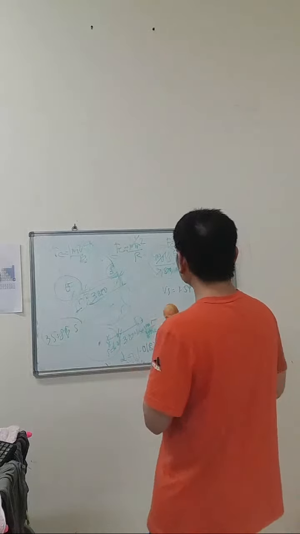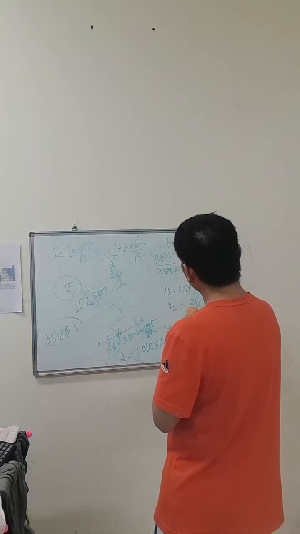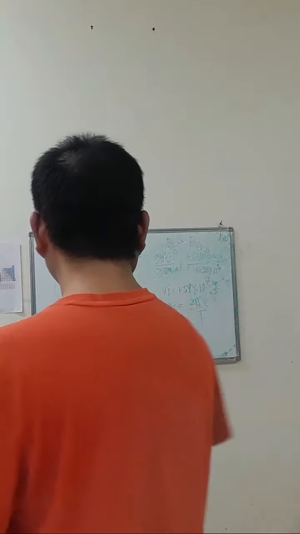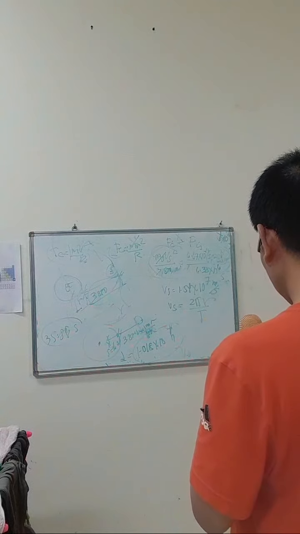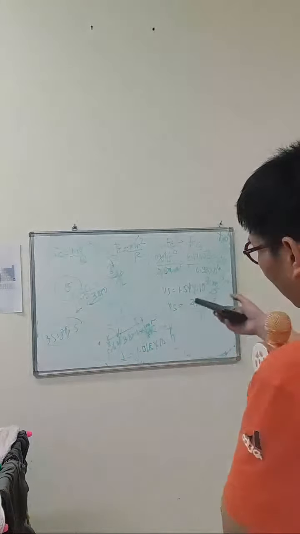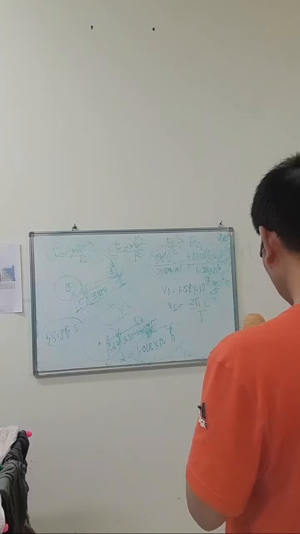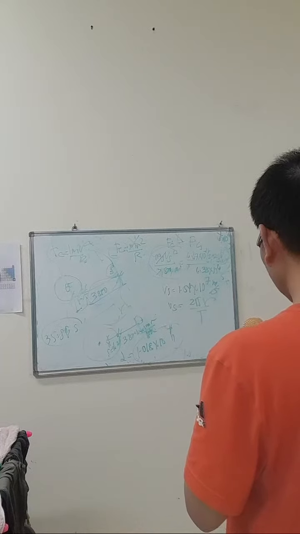So, velocity is equals to 2 pi r over t. So, how much is 2 pi? 2 times pi, times 6.38 exponent to the 6, that is the radius from the satellite, divided by 1.54 exponent to the 7.